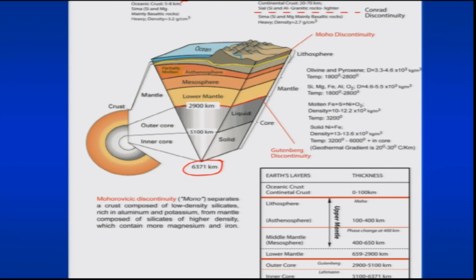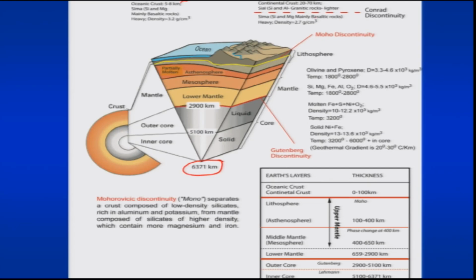The reason is that the oceanic crusts are comprised of heavier rocks, mostly basaltic rocks, whereas the continental crust is comprised of rocks made up of silica and magnesium, so they are comparatively lighter than the oceanic crust.